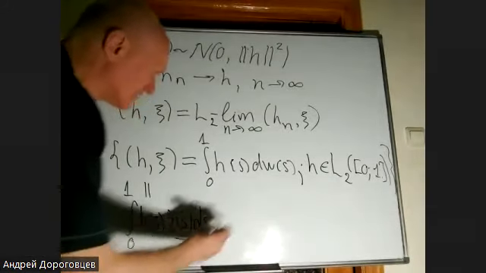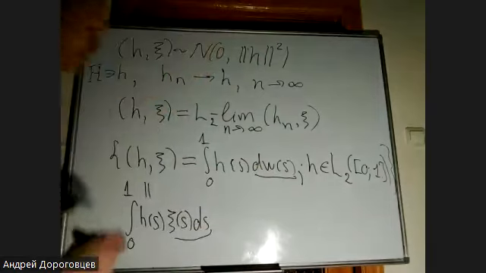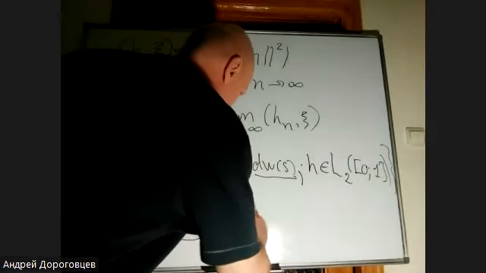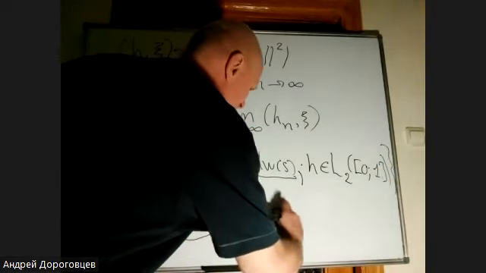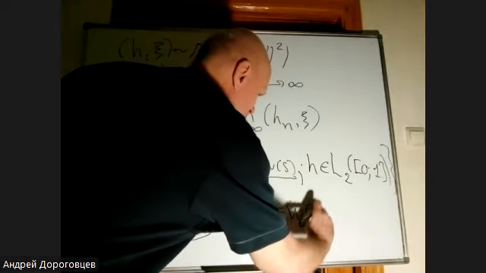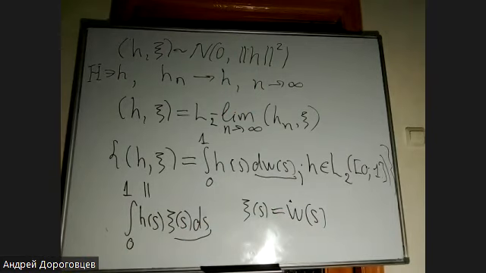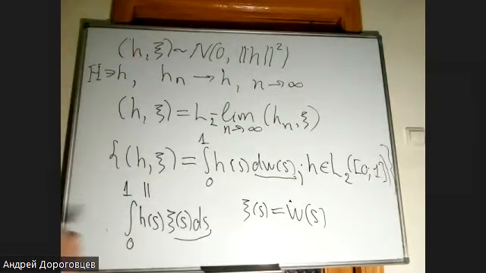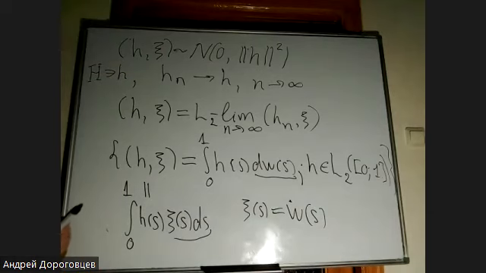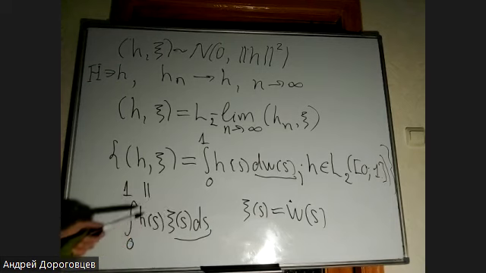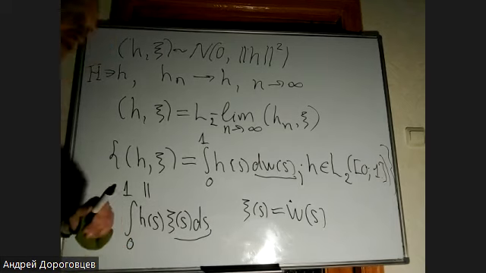If we see these two terms, then it is natural to say that psi(s) is just W dot (s), like the formal derivative of the Wiener process with respect to time. It doesn't exist, you know this. But in this sense, it can be defined at least as something which acts on the elements of L2.